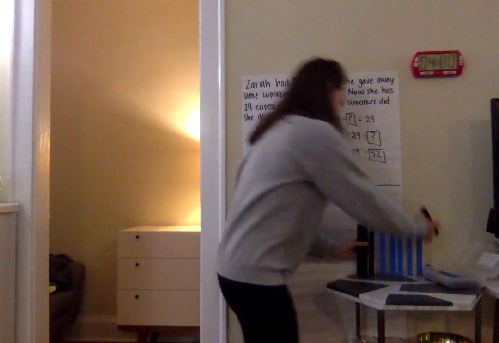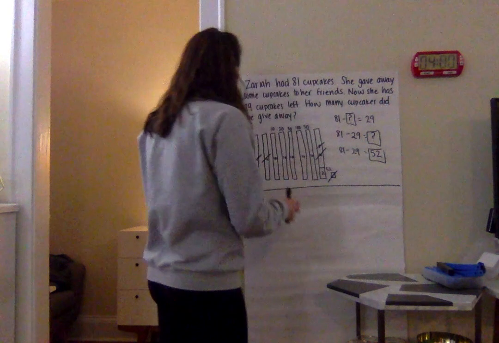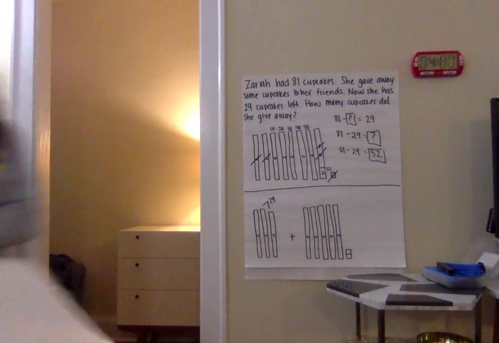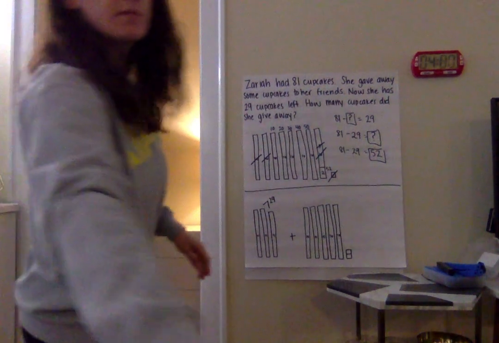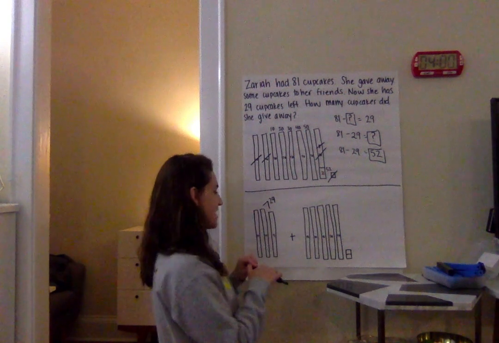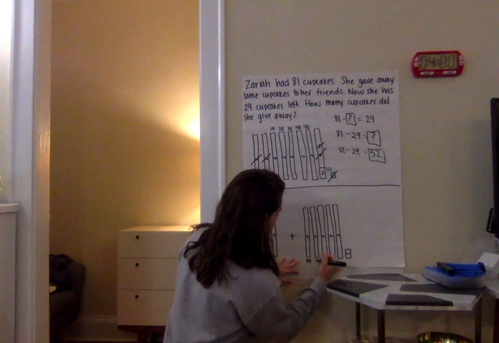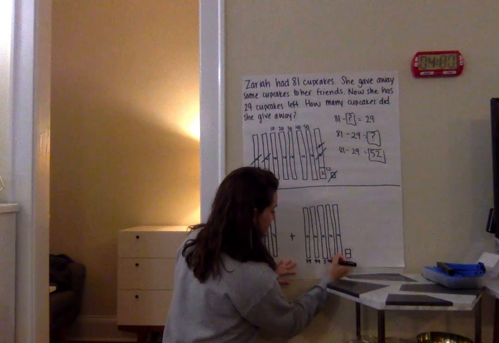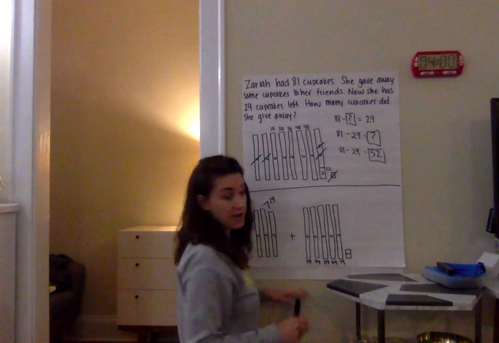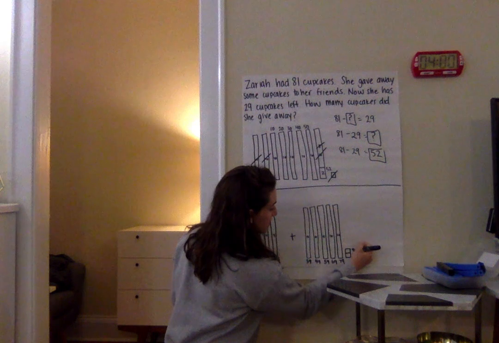Let's figure out how to draw that on our paper. Get those cubes out of the way. Okay, so I started with 29. And then I decade counted on. So 29, 39, 49, 59, 69, 79, couldn't decade count anymore, 80, 81.